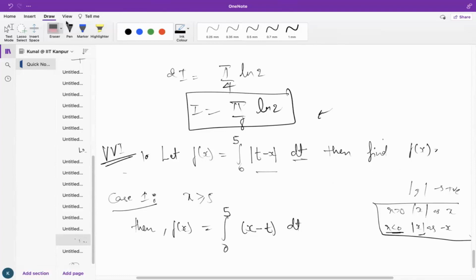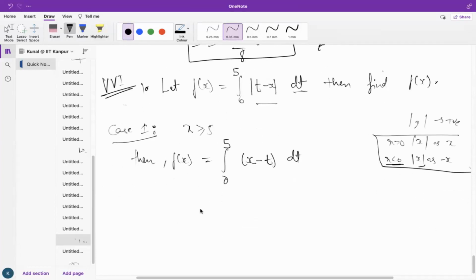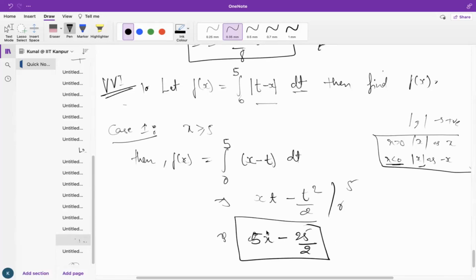So when we integrate this, what we get actually, try to integrate with respect to t. So xt minus t square by 2, and we have to insert the limit. So we get 5x minus 25 by 2. So this is our first case answer.